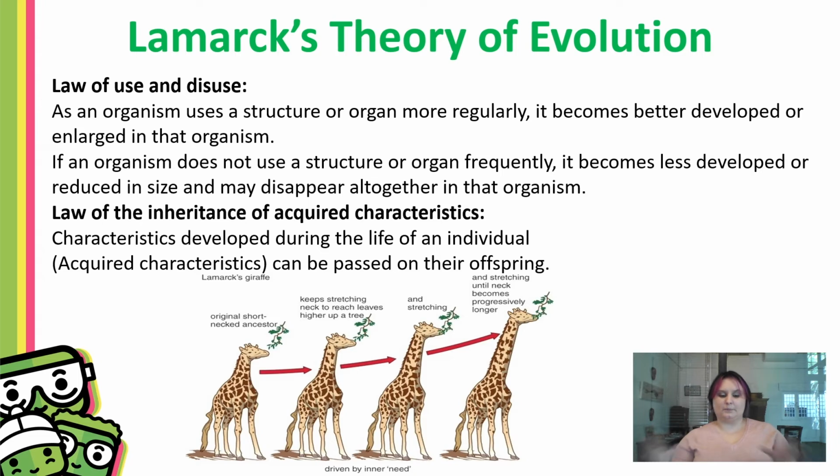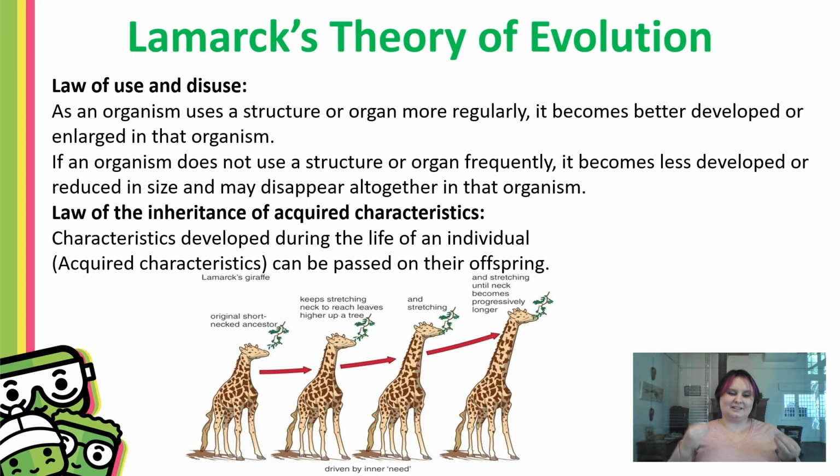So the most popular example is Lamarck's giraffe. They love using this example. What happens is originally all giraffes had short necks. According to Lamarck, these giraffes with the short necks had to keep stretching their necks up and up and up, trying to reach the juicy leaves on the higher up branches on the tree.